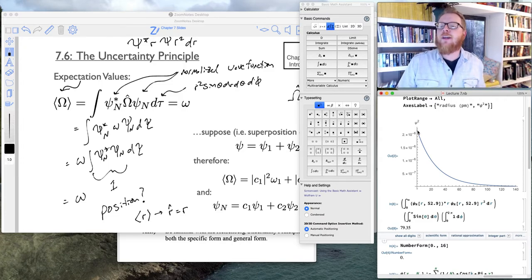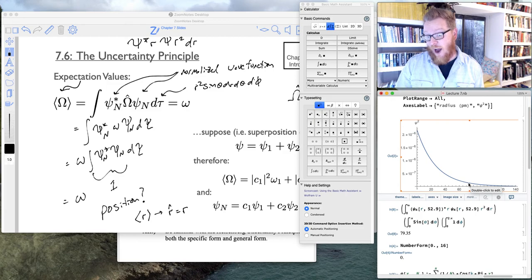If we carried out the first derivative on this and set it equal to 0, we would get that maximum value. But we're not dealing with most probable values oftentimes in quantum mechanics. We're dealing with expectation values because of this whole idea of superpositions. So 79.35 puts us somewhere about right there on the graph.